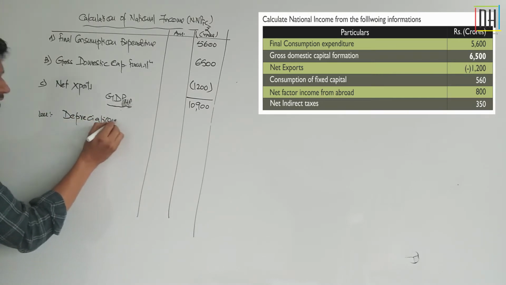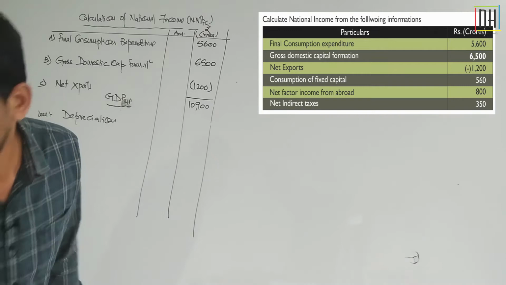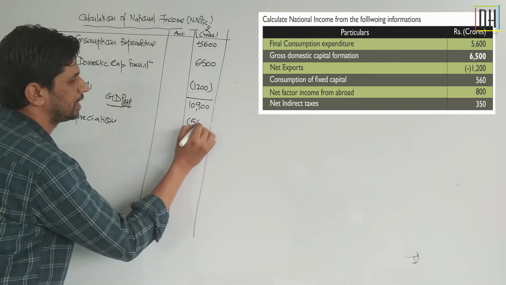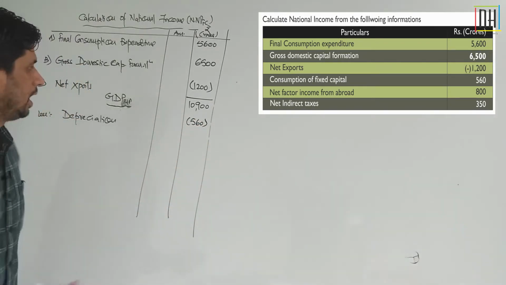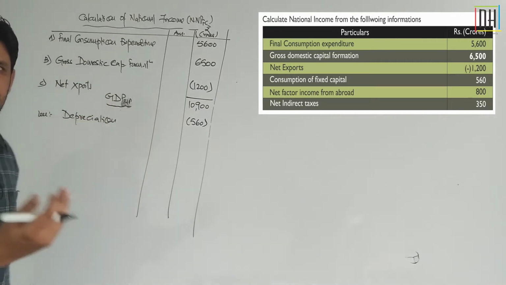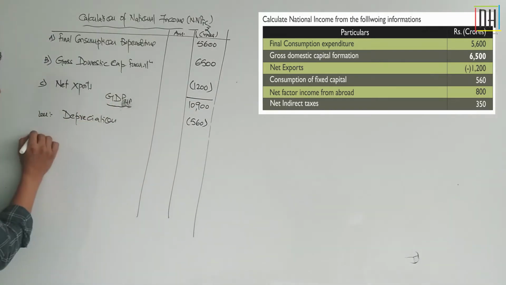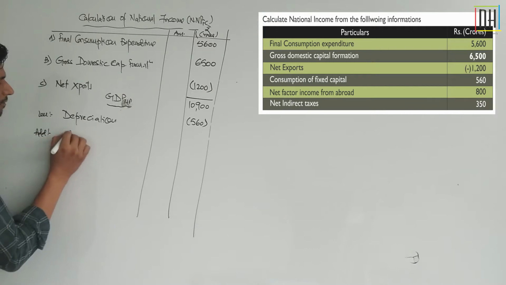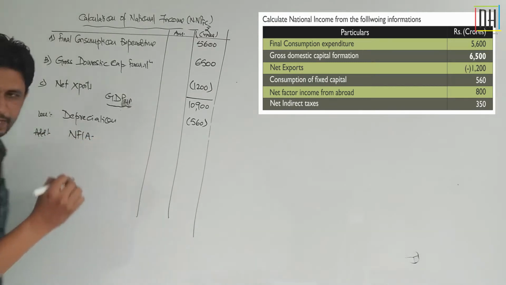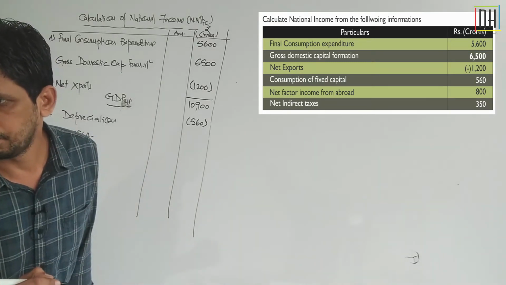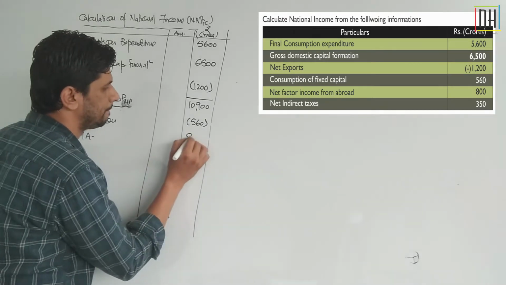Depreciation is given, rupees consumption of fixed capital 560. We have to deduct it. And from domestic product we have to come to the national product, so we will add net factor income from abroad, NFIA, which is rupees 800.